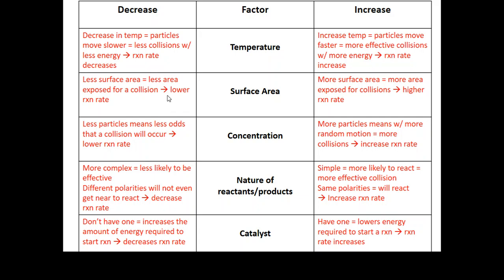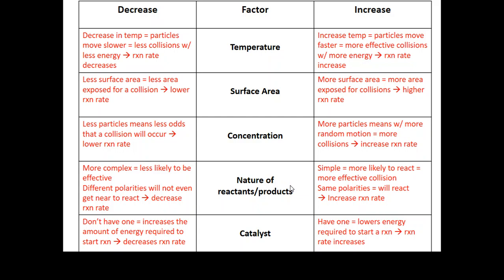Surface area, you're dealing with area for exposure, so where can they run into each other? Okay, so crushing something up increases the surface area because now you have more particles that are exposed, therefore you have a higher rate of reaction. Concentration, again, more particles means more random motion, which means more random collisions, which means that you have an increase in reaction rate.